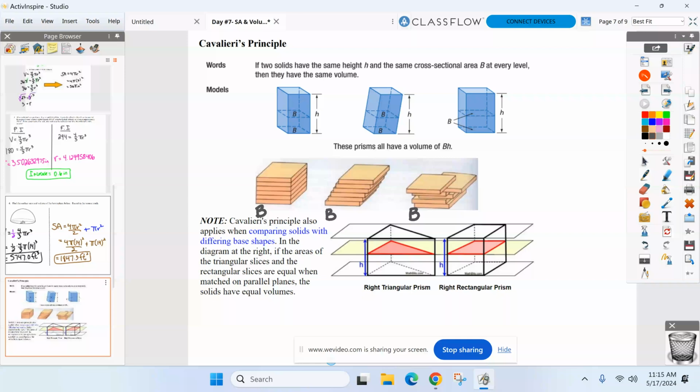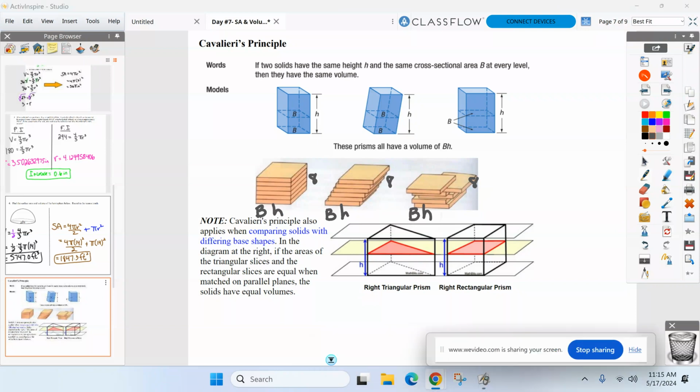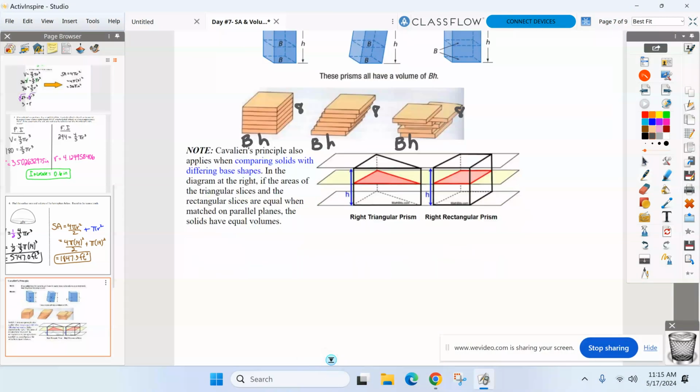Because remember what we said, they were all 8 pizza boxes. So as long as the base area is the same and the heights are the same, the volumes will always be the same, no matter how they look. If they look nice and neat or just all over the place. Makes sense? This also works for 2 polyhedrons that are not the same. Take a look at my example here.